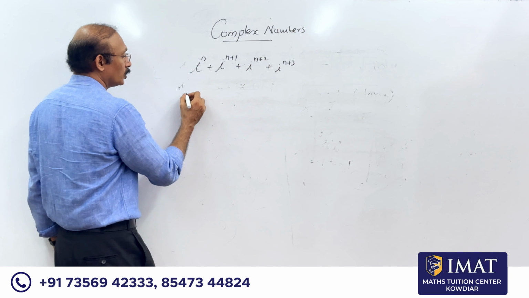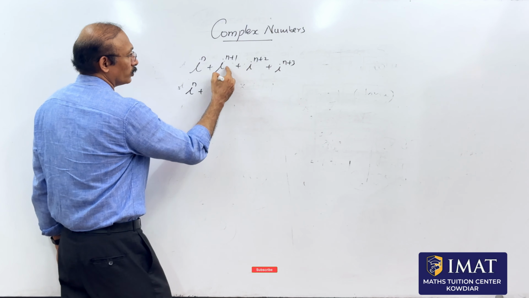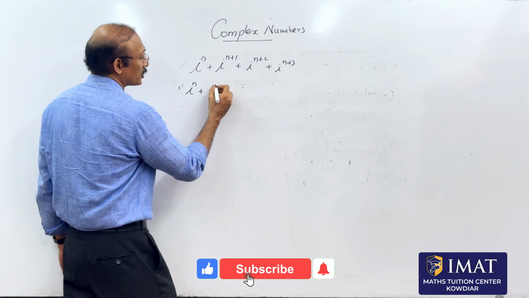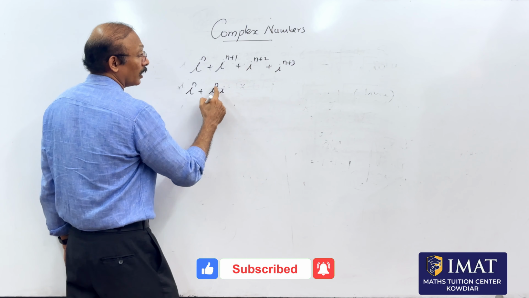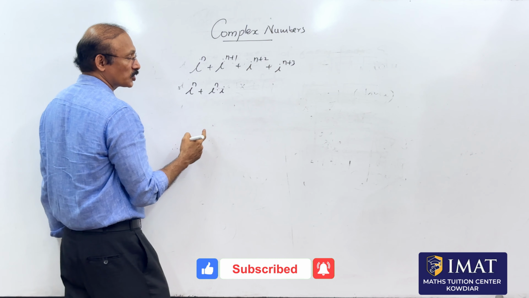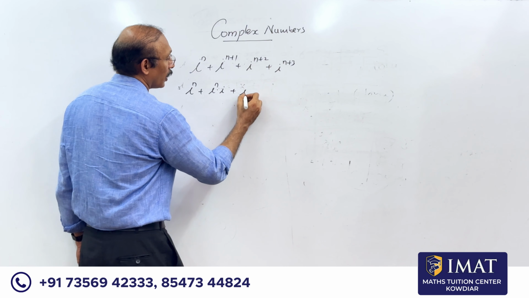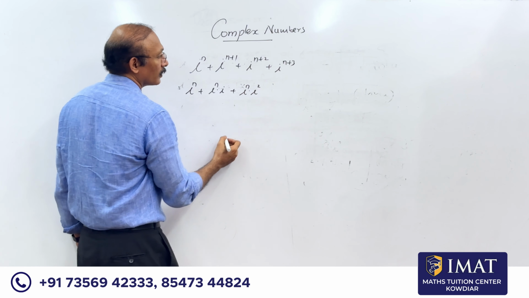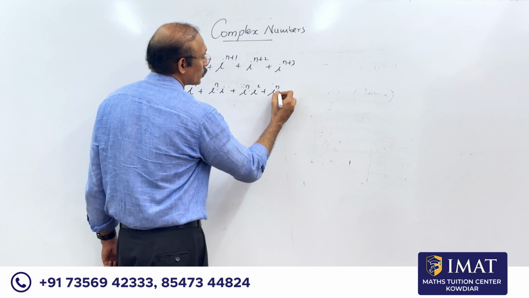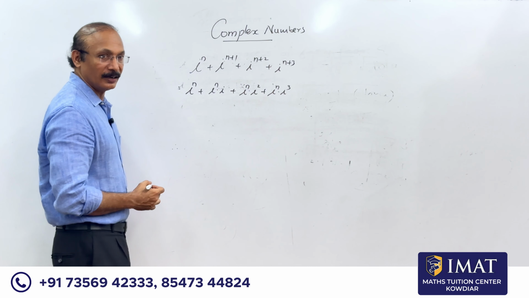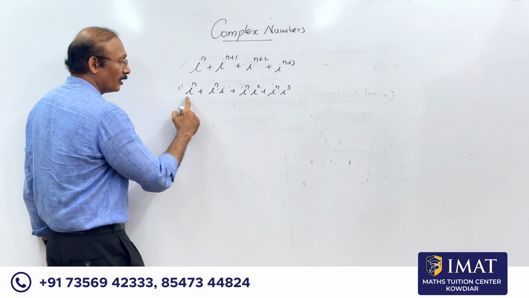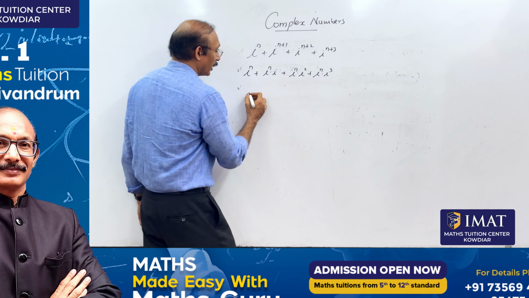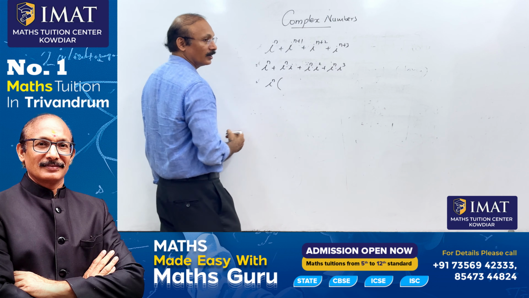See, this is equal to i^n. Now, this one can be written as i^n into i, applying the laws of exponents. What about this one? i^n into i squared. What about this? It is i^n into i cubed. Am I right? Now see, from these 4 terms, I can take i^n outside.